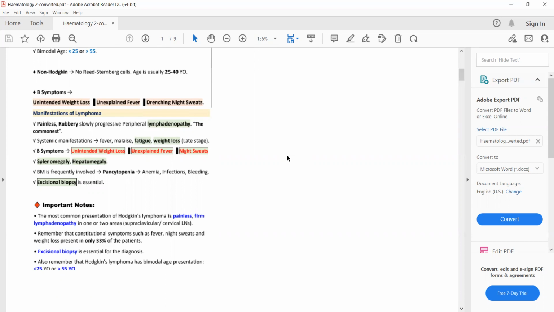But again, in tuberculosis there will be a history of cough with sputum or hemoptysis, and a history of travel to areas such as Africa or India. In tuberculosis, the lymphadenopathy is initially painful and in later stages becomes painless, while in lymphoma the lymphadenopathy is painless from the beginning and stays painless throughout.